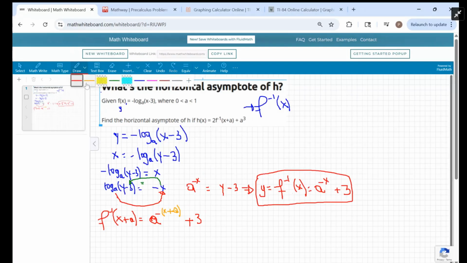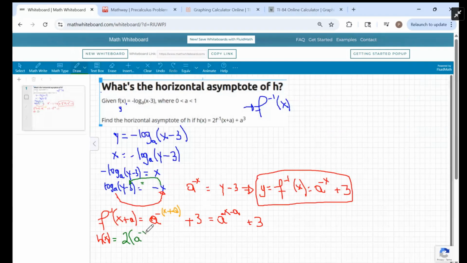And if you want, you can just distribute the negative sign at the exponent level. So minus x minus a plus 3. And then to find h of x, it's going to be 2 times this whole thing. So h of x, let me use a different color to limit confusion. H of x is 2 times the answer we just found. So 2 times a to the minus x minus a plus 3, and then plus a cubed.